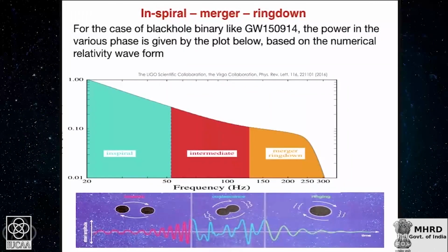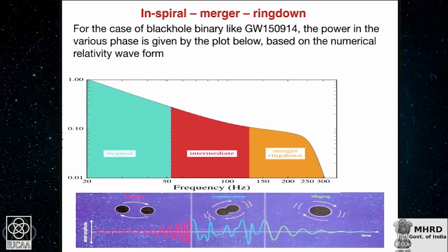So, in a given inspiral merger ring down system like GW 150914, this is essentially the power in each of the bands. Though in the inspiral phase the amplitude is very small, you will have the duration very long. In the merger phase the amplitude is very large, but the duration is very small.